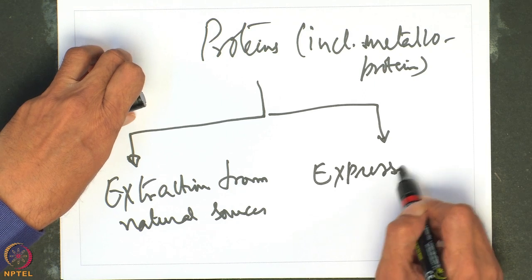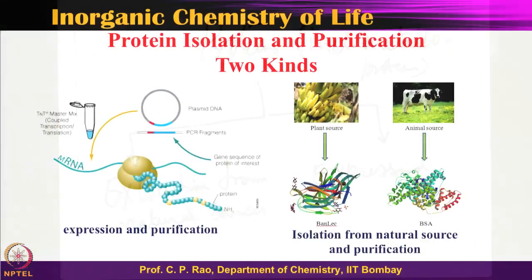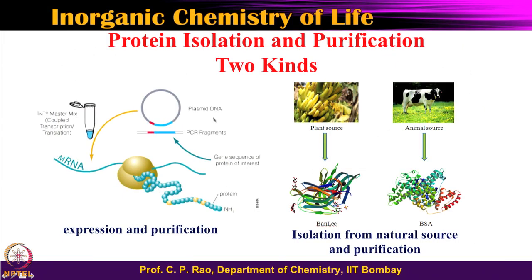So, for expression you need to get the protein sequence that you want, and that protein sequence should be translated into DNA sequence, and then make a plasmid and put into a live bug and express, and then of course you have to purify. So, purification methods I will explain in a while.